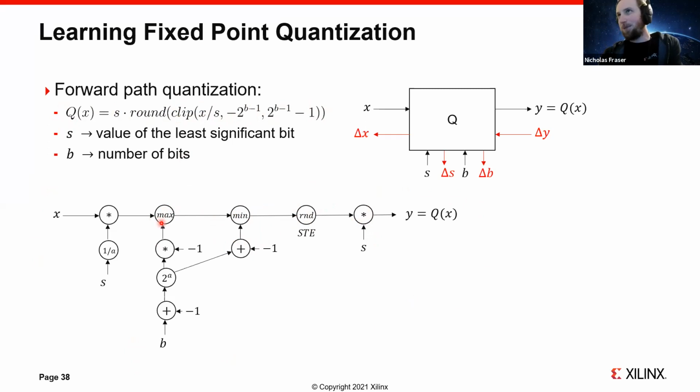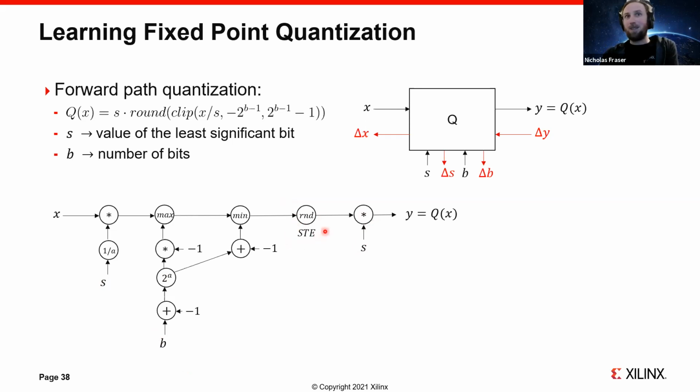So long as we have gradients that we can define for our rounding function, and we tend to use this straight through estimator that I spoke about before, there's nothing stopping us from defining gradients for S and gradients for B. Even if your machine learning framework has automatic differentiation, you don't even need to do the calculations.